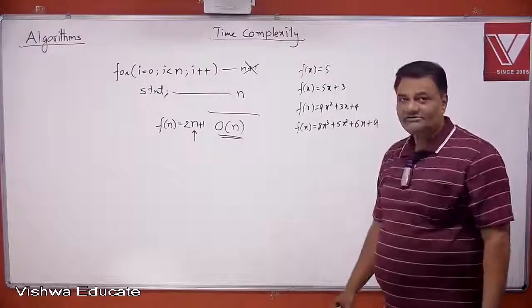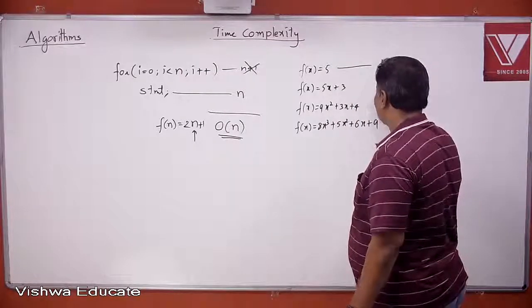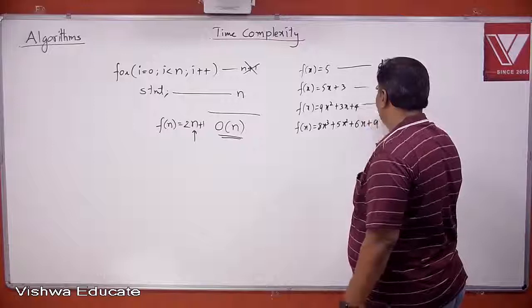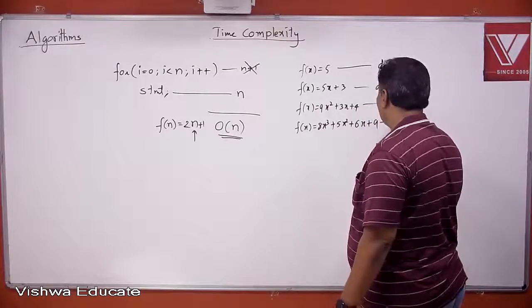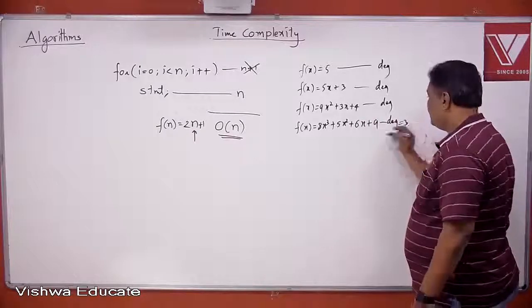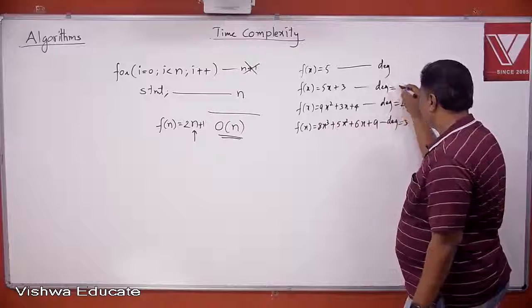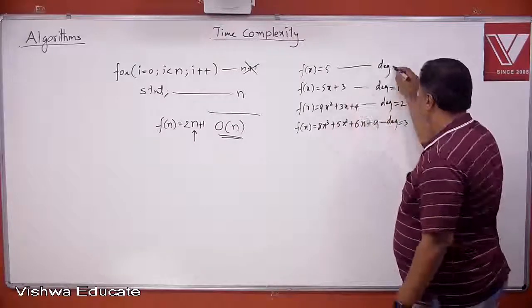I have some functions. What is the degree of this one? What is the degree of this one? Find the degrees. Degree means the highest power: 3, highest power of x 2, highest power of x 1, highest power of x 0.